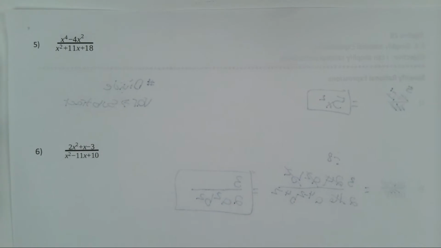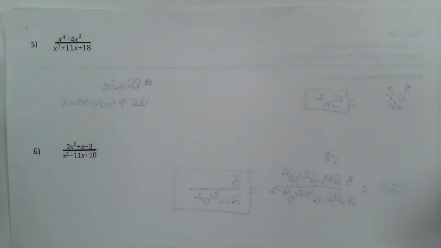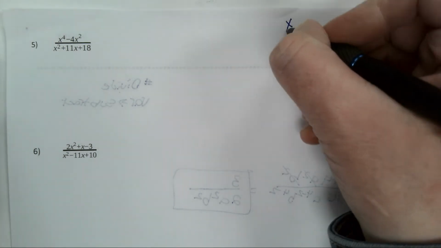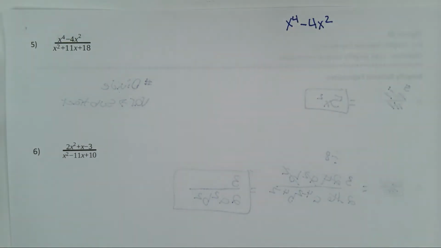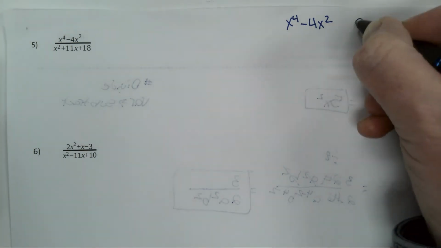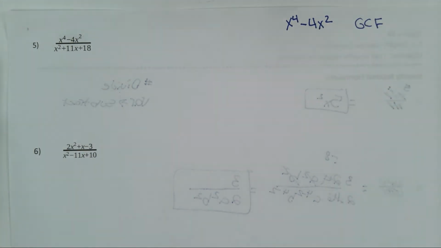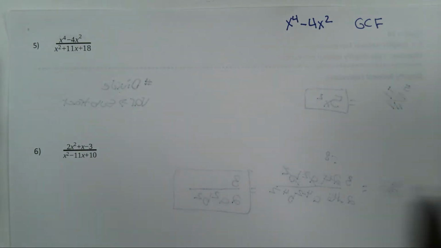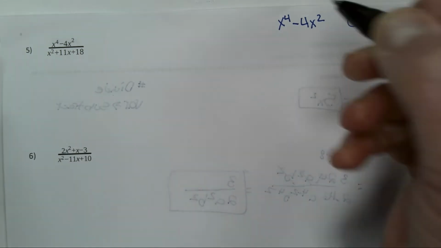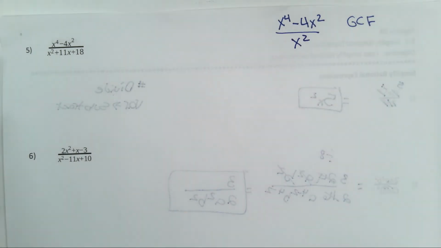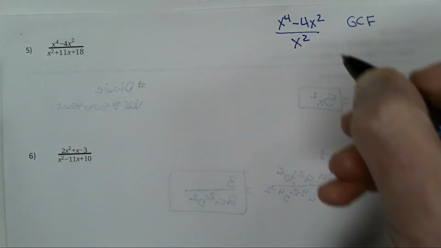Number 5. I have x to the 4th minus 4x squared. You always want to ask yourself, is there a GCF? Is there a greatest common factor? And there is. The GCF is x squared because both terms have an x squared.